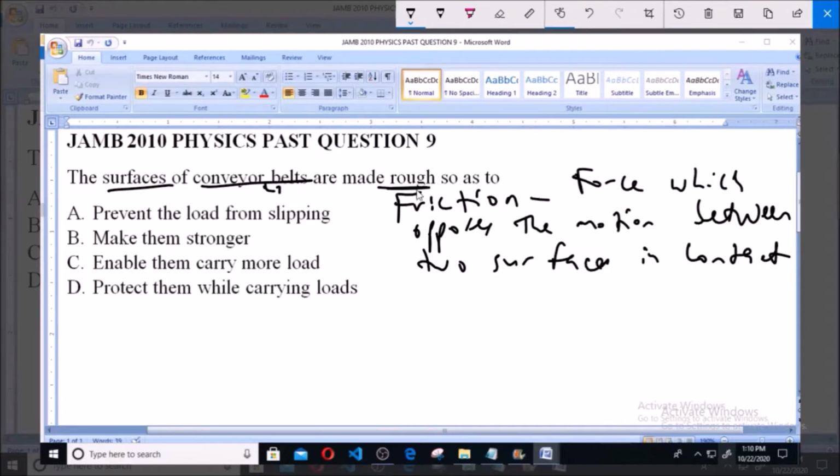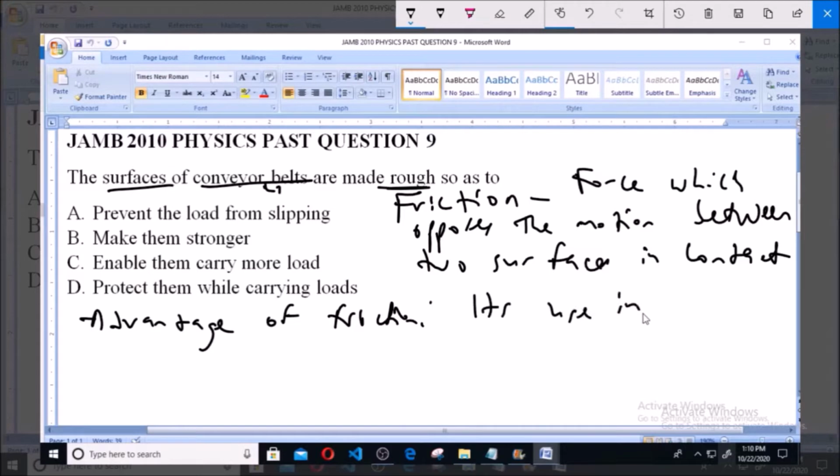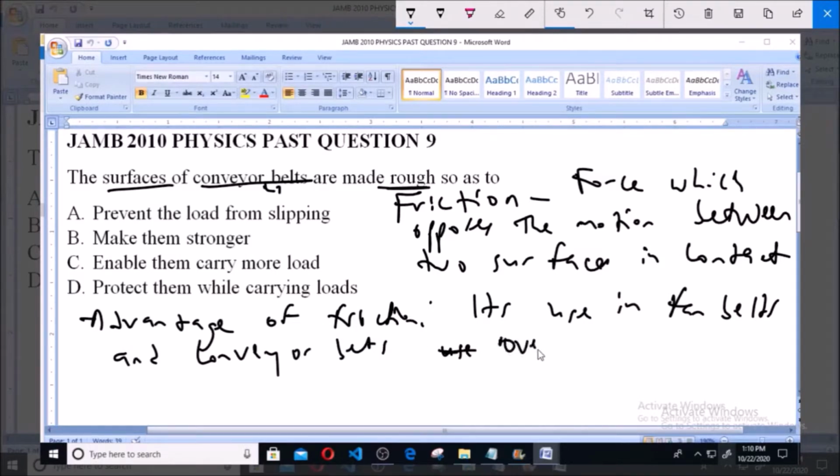Now why are they made rough? Now this is an advantage of friction, and one of the advantages of friction is its use in fan belts or conveyor belts over wheels or pulleys in machinery. Now the surfaces are made rough.